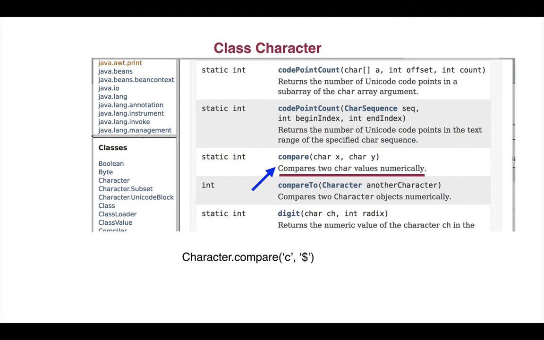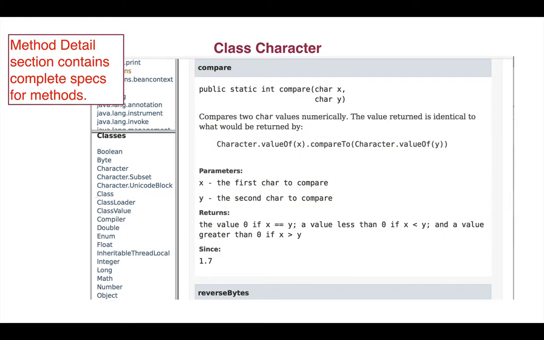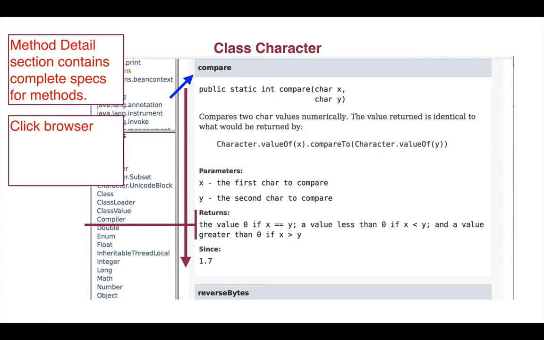To find out more, move the mouse to the method name and click it. This takes us to the method details section, where we see a full description, and we can see what value is returned. You can click the browser's back button to get back to the method summary.